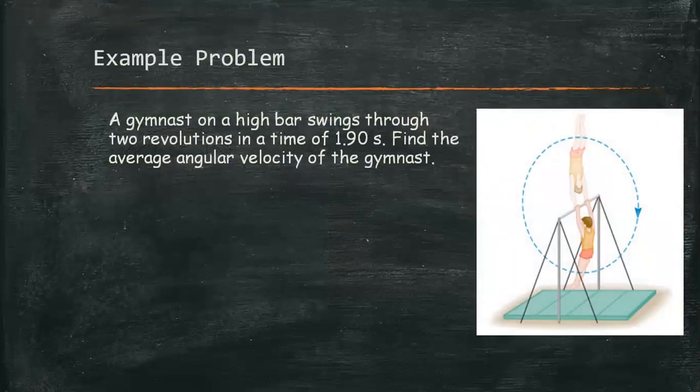Example: a gymnast on a high bar swings through 2 revolutions in a time of 1.9 seconds. Find the average angular velocity of the gymnast. For the direction of the swing, we have this figure.